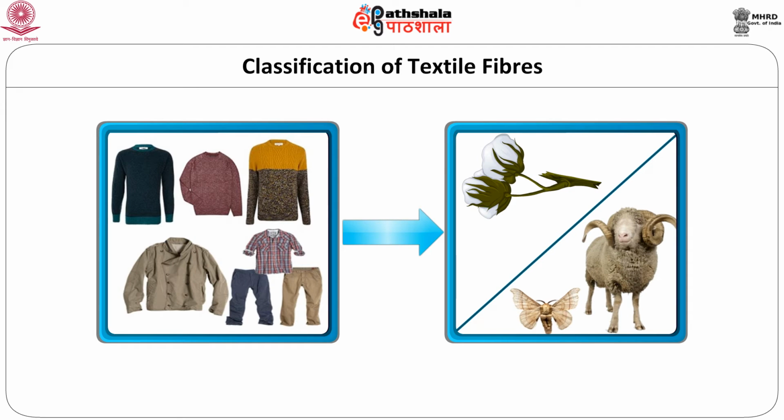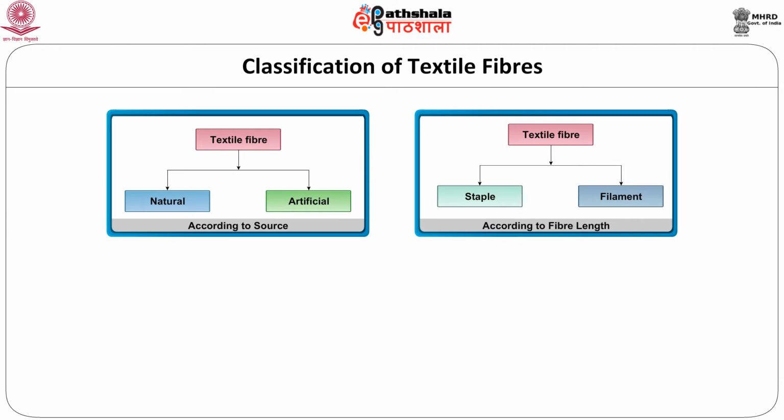Next, let us see the classification of textile fibers. Textile fibers can be either procured from plants and animals or manually prepared in industry. The textile fibers can be classified according to their source or their fiber length. According to the source, it is classified as natural or artificial, and according to the fiber length, staple or filament.